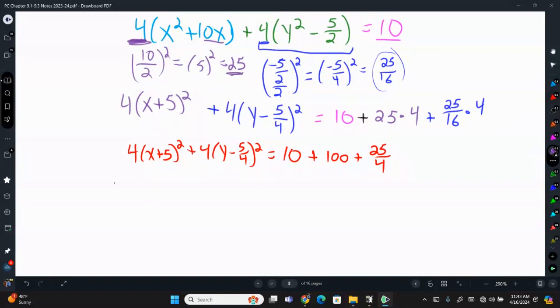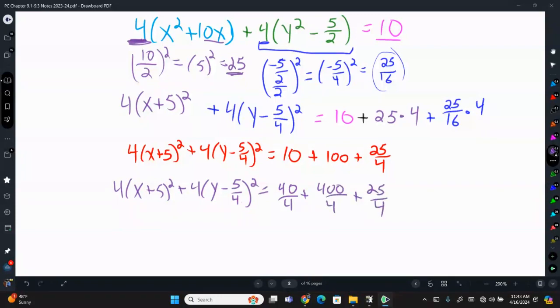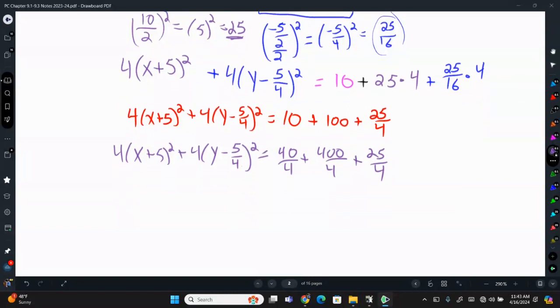So still have this on the left side, equals 40 over 4 plus 400 over 4 plus 25 over 4. So then we get 40 plus 400 plus 25 is 465 over 4.